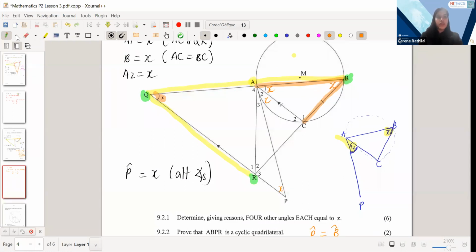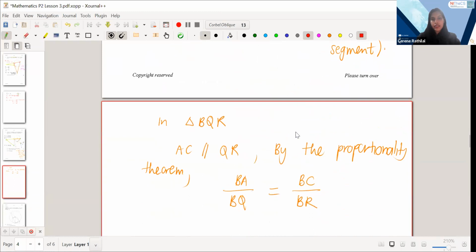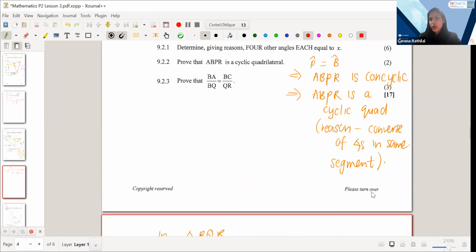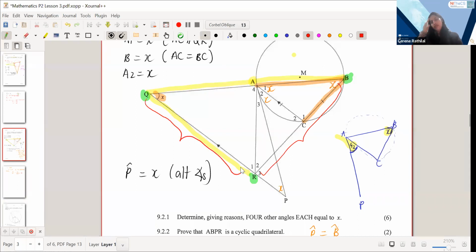This needs to be QR for us to be done, but it's not, or is it? So let's check. Here is BR, and here is QR. Can anybody perhaps see how these two sides are related?